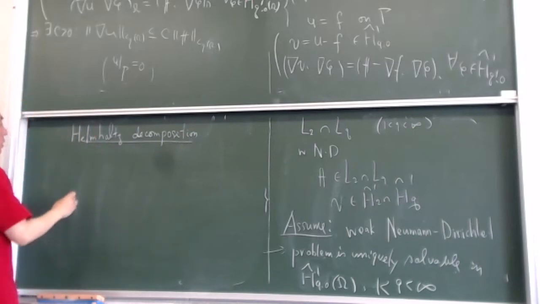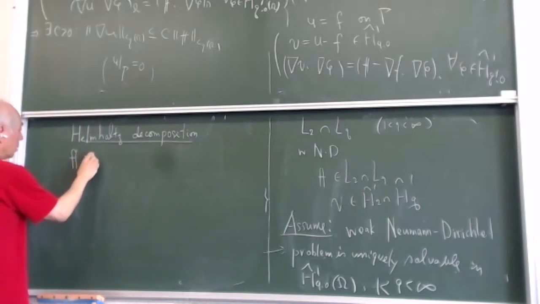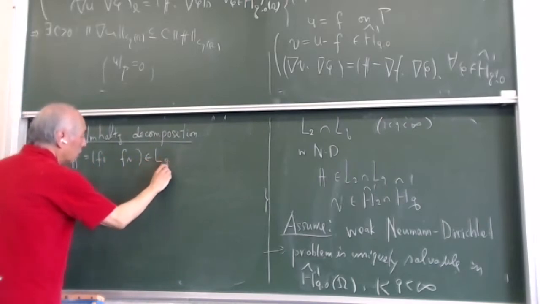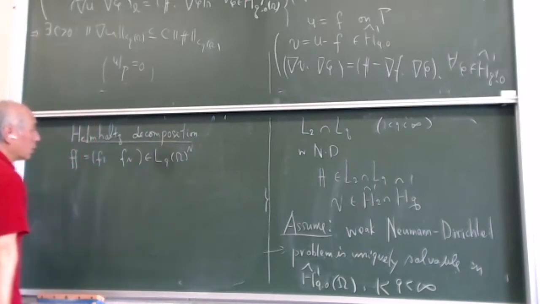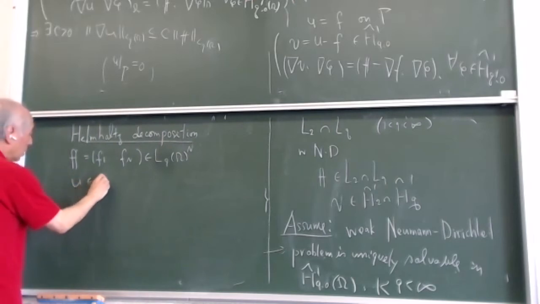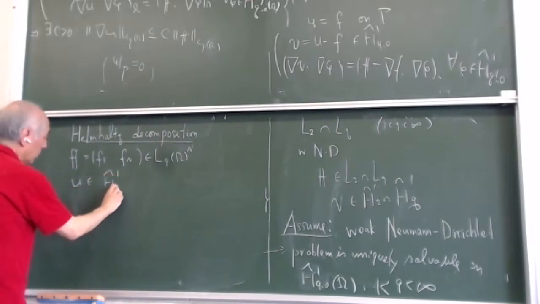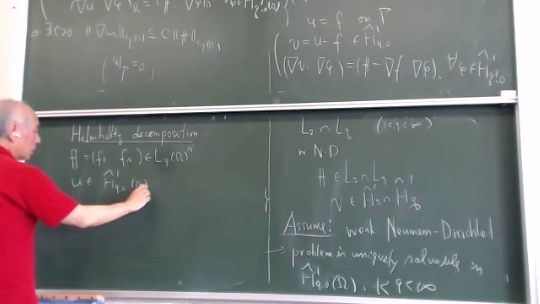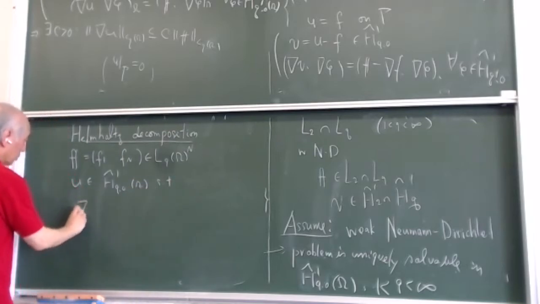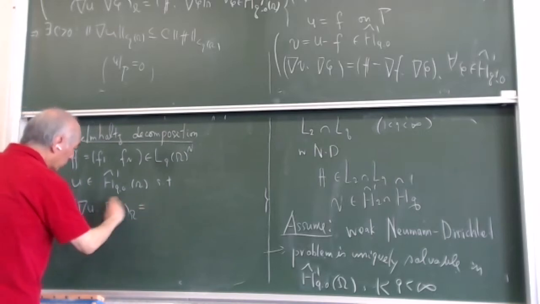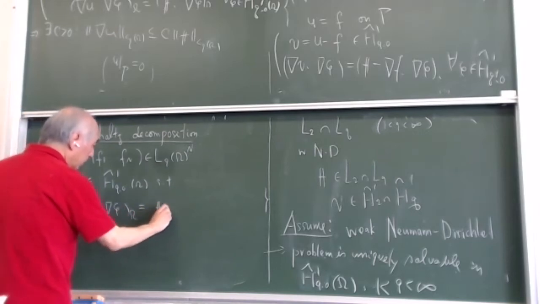It's the following. So given F, let U be a solution of this weak Neumann-Dirichlet problem.